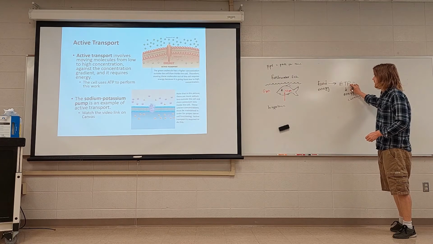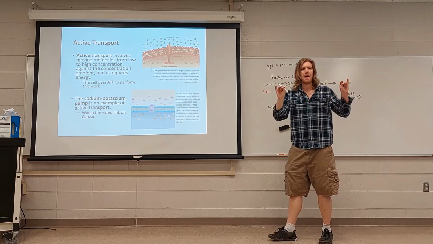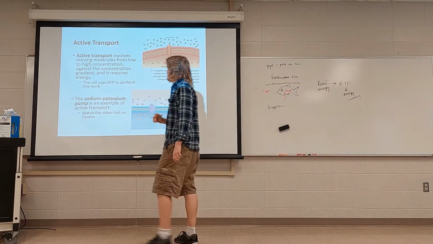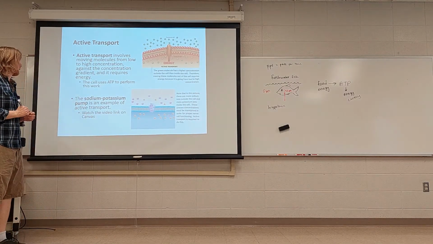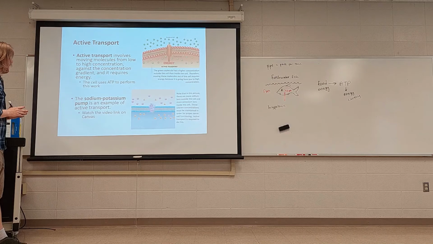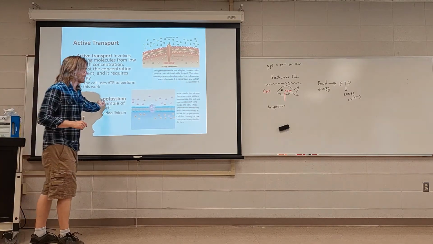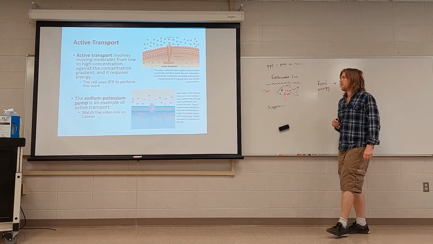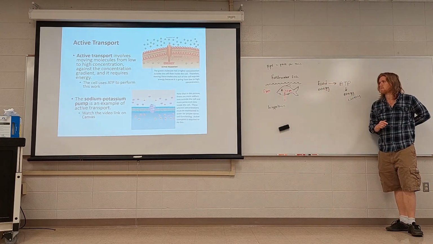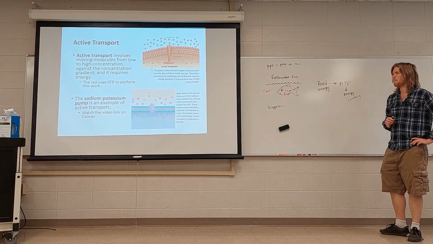So ATP gets spent, much like you spend money, except in this case you spend it on things that require energy. And one example of a process that involves active transport is the sodium-potassium pump.